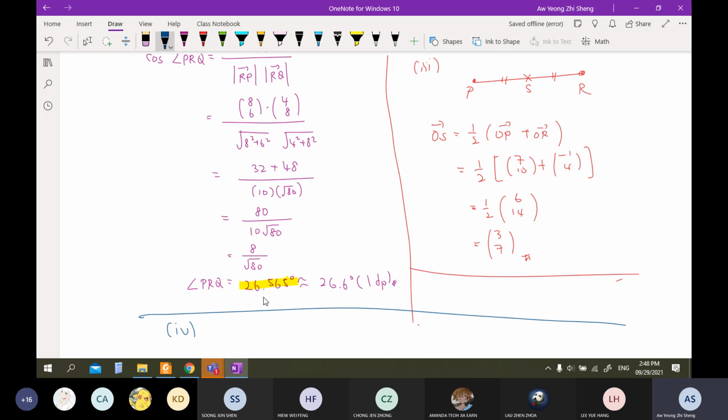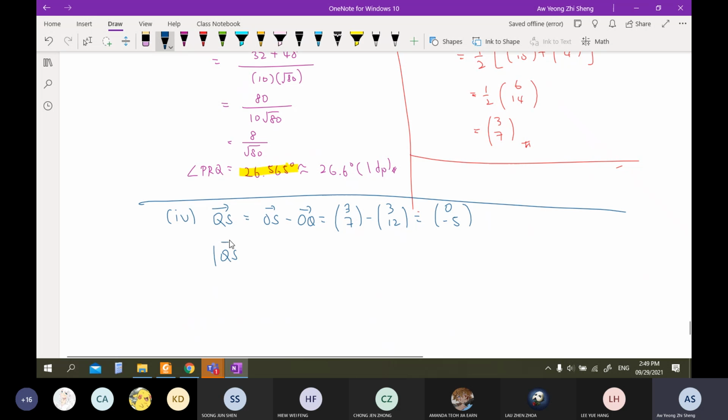Okay, part 4, show that the length of QS is equal to the length of RS. Okay, so now we have a position vector of S already. We have the vector OS. So before we compute the length, of course, we have to know the expression for the vector first. So let's compute the vector QS for part 4, which is OS minus OQ. OS is 3, 7, OQ is 3, 12. That's 0, minus 5. And then length of QS, that's 5 units.